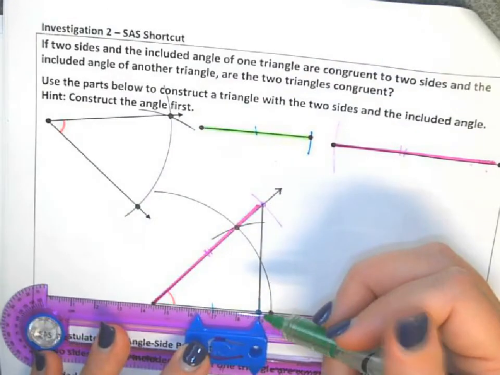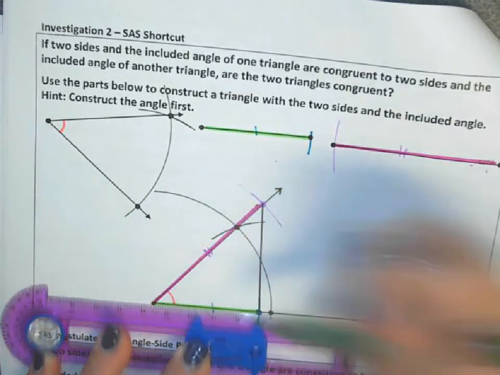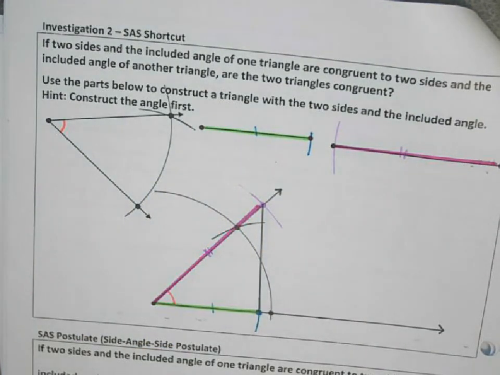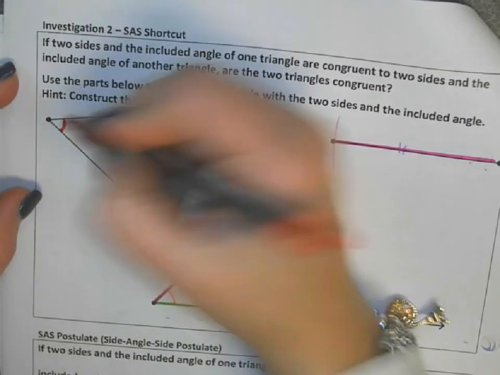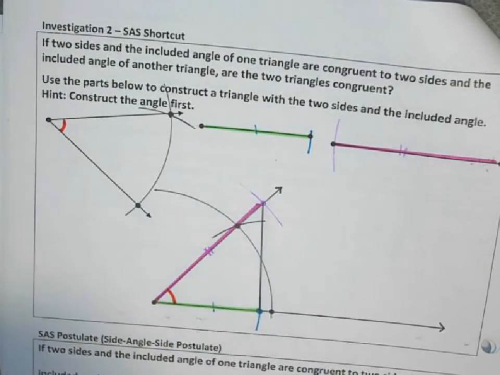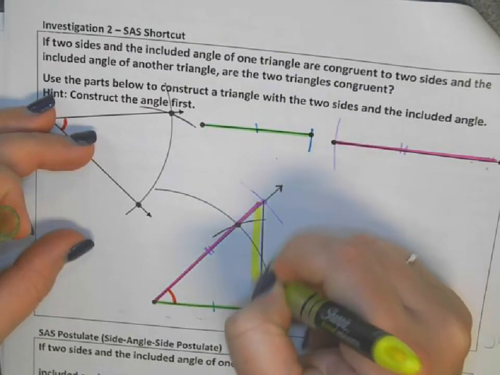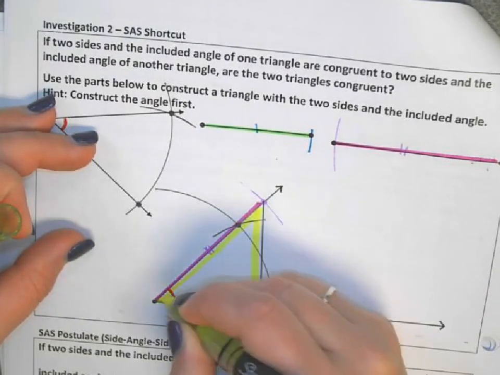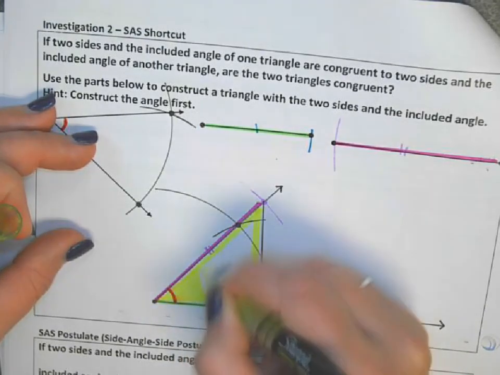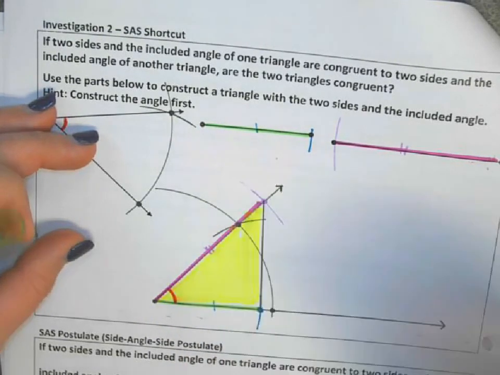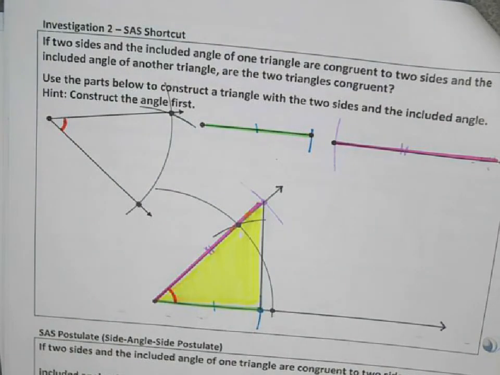This was this side. And this angle was the angle between them. And that's the triangle I found. Okay, so what do you guys notice between yours and your neighbor's?